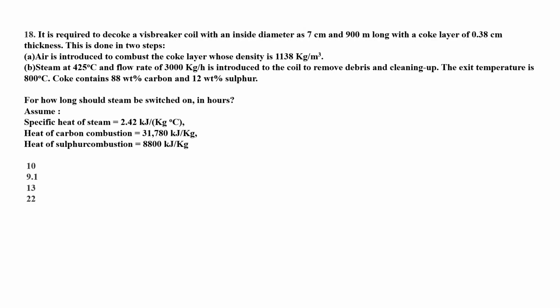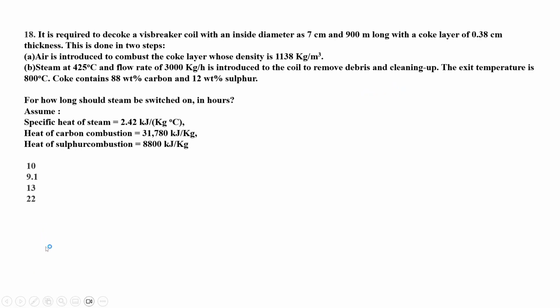So what is given here? It is a breaker coil, basically a long coil whose diameter is given to us, 7 centimeter. All along there is a coke deposition, and its thickness is 0.38 centimeter.